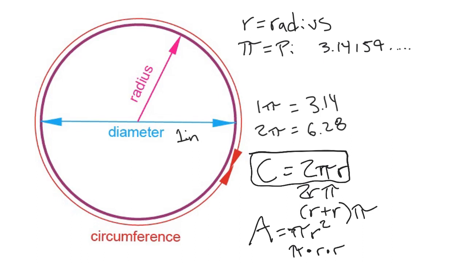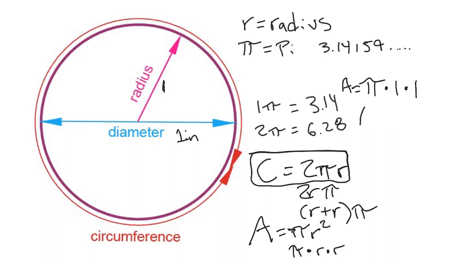Pi r squared means you're multiplying pi times r times r. So for instance, let's take a radius of 1. If the radius is 1, then we plug that number in anywhere we see r. The area equals pi times 1 times 1.